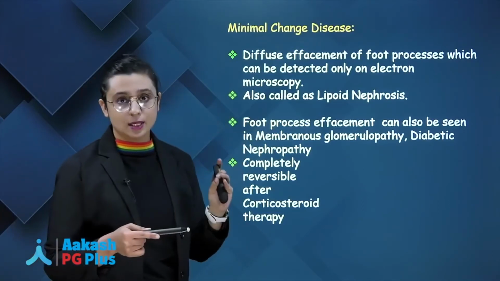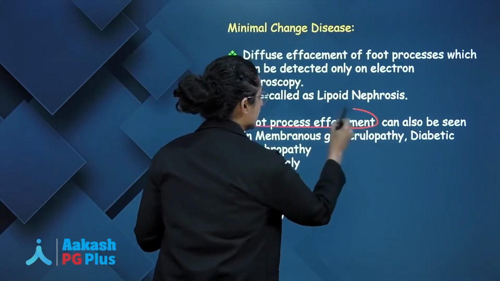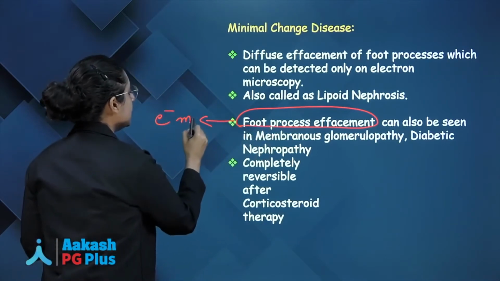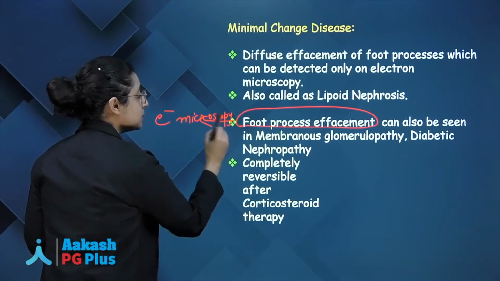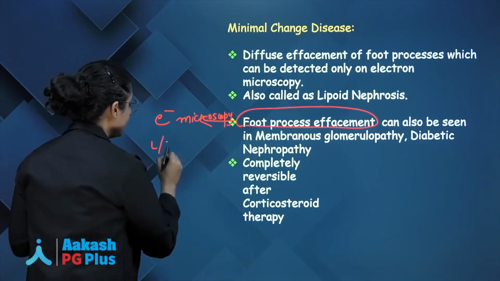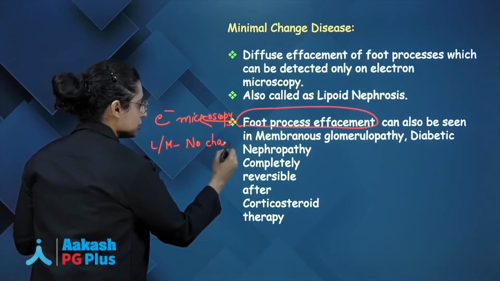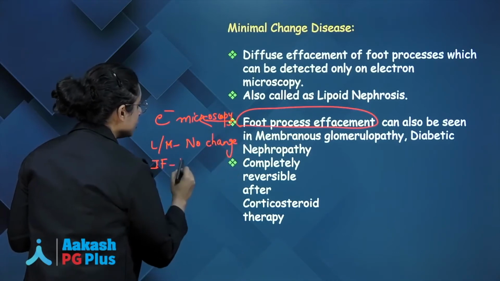So minimal change disease, let's just look at the important points which you should know on the basis of images aspect. Okay, so number one, I told you foot process effacement. Foot process effacement is a feature seen on electron microscopy, which is a very important feature to diagnose minimal change disease, because on light microscopy there is no change. Minimal change means there is no change on light microscopy, and on immunofluorescence there are no deposits.